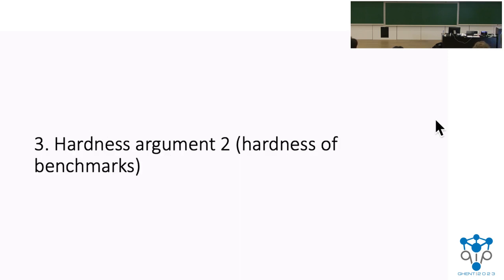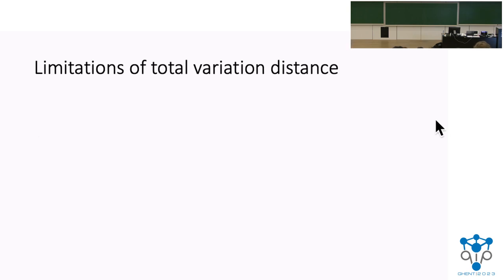Okay, great. So now I want to talk about something completely different, which is the hardness of benchmarks. So far we've been modeling all of the error of our sampler in terms of constant closeness in total variation distance. Well, this is very limiting for at least 2 reasons. One, experimentally, in reality, total variation distance is really difficult to measure.